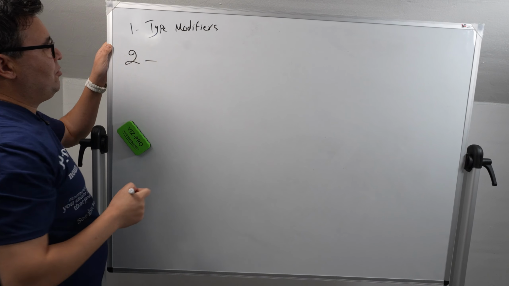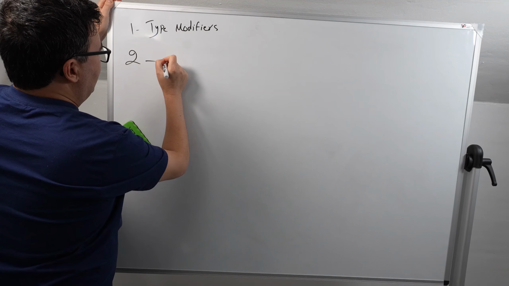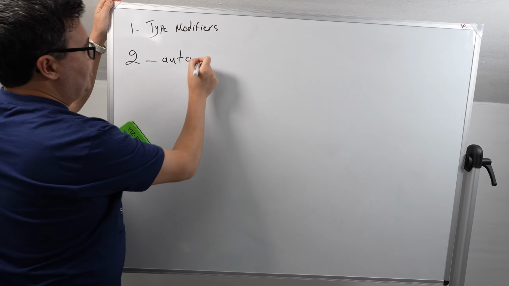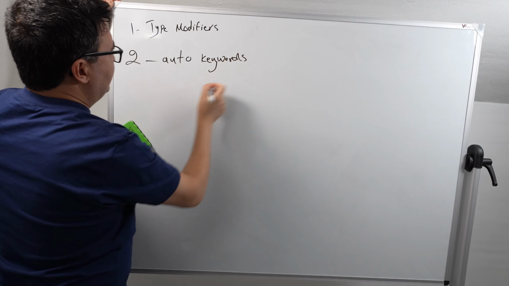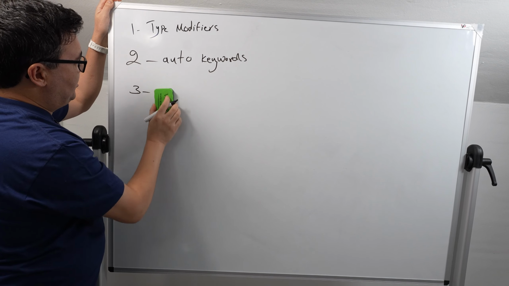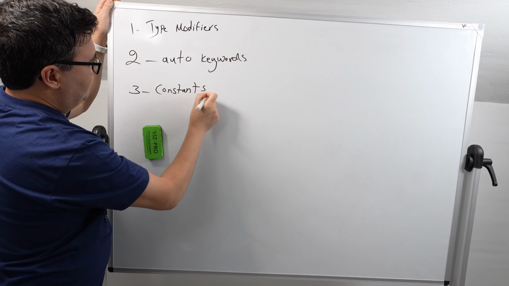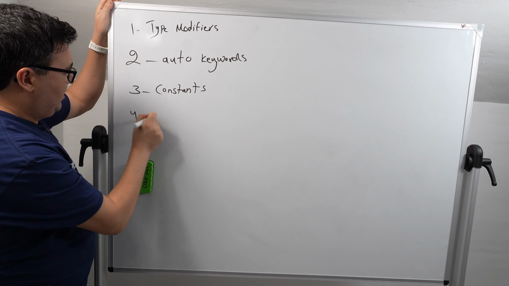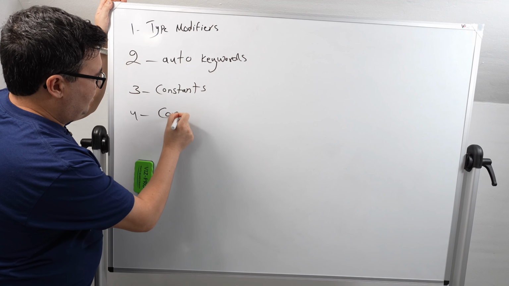Then we are going to talk about the auto keyword in C++, and then we talk about constants in C++, how we can define a constant in C++, and the last one we talk about comments in C++.